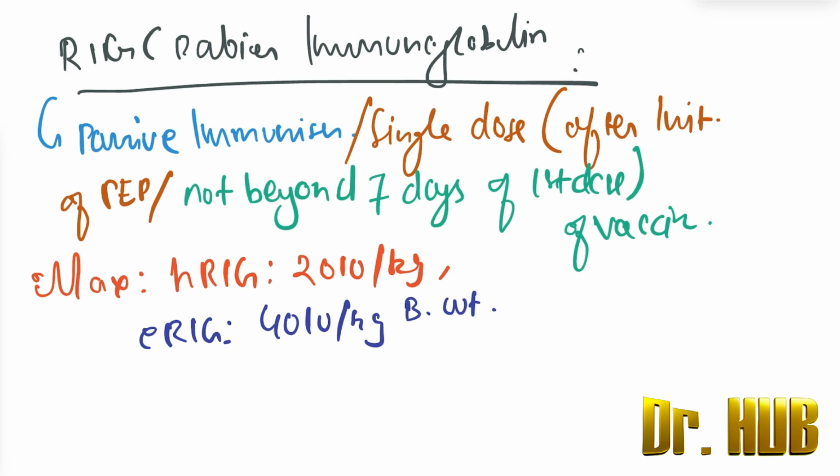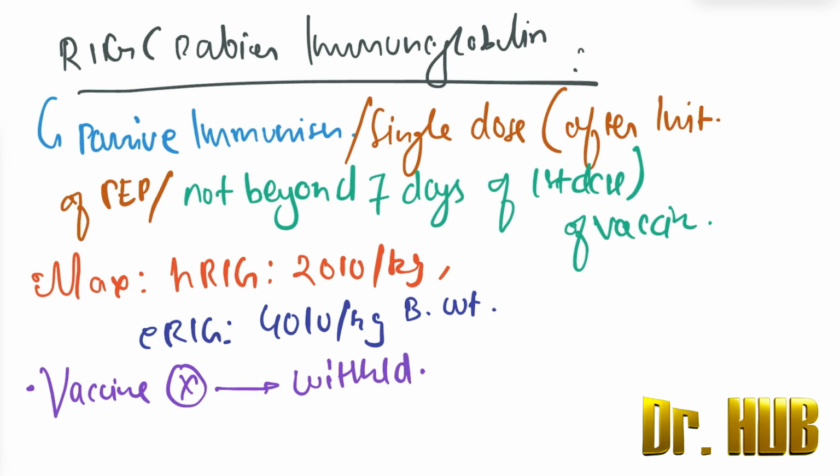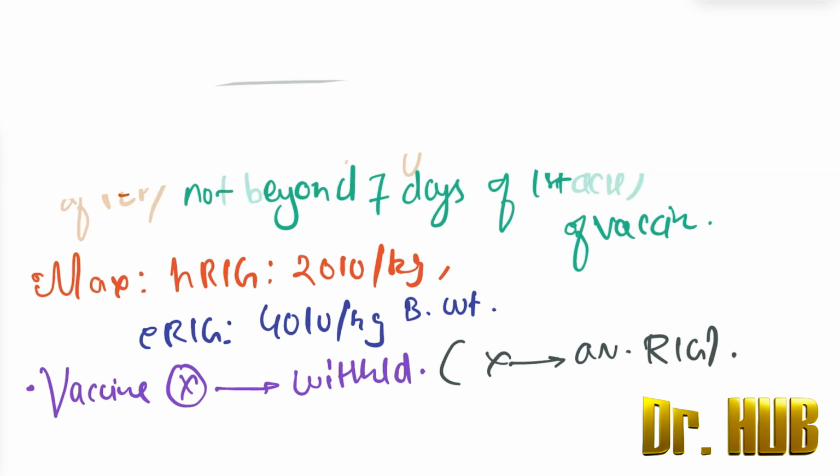Now the vaccine should never be withheld, regardless of the availability of RIG. Next, what are the alternatives to RIG?